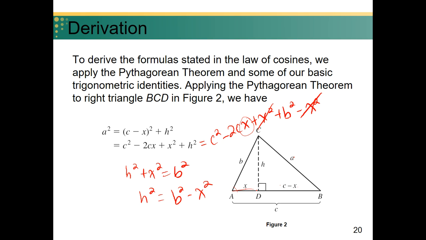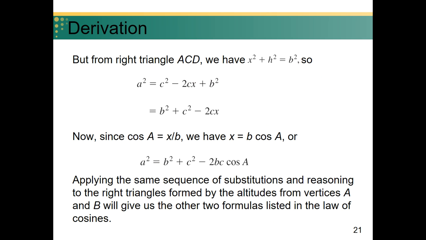And x, cosine of A is x over h, right? So this is kind of 2c. I'm messing this up. We have the plus b squared minus 2cx.